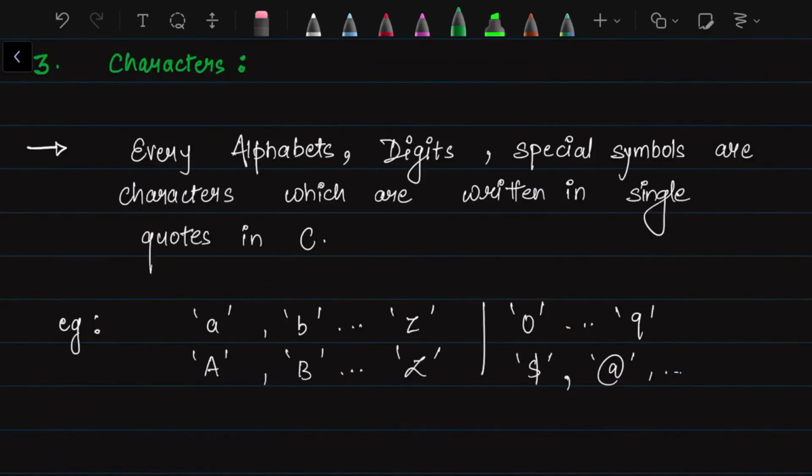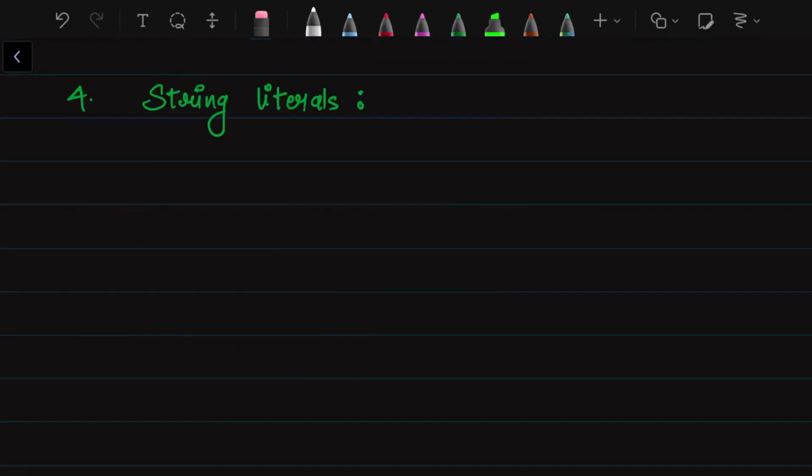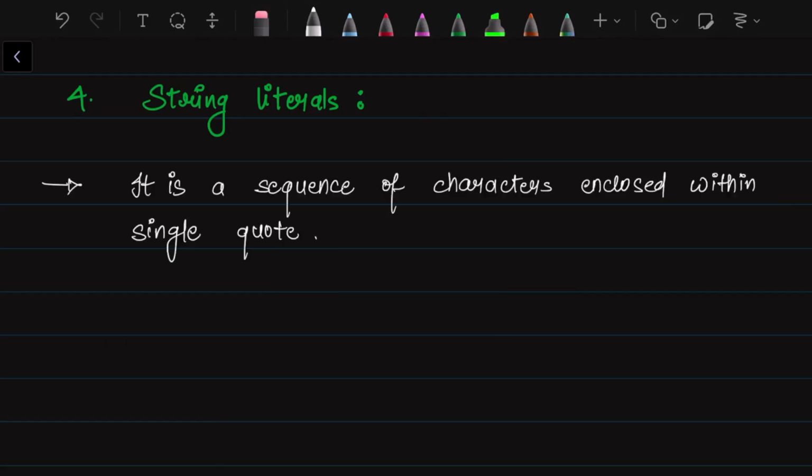Let's talk about the fourth one, which is string literals. A string is a sequence of characters enclosed within single quotes. Sorry, not single quote, it should be double quote. By mistake, I have written single quote here. So a string is a sequence of characters enclosed within double quotes.